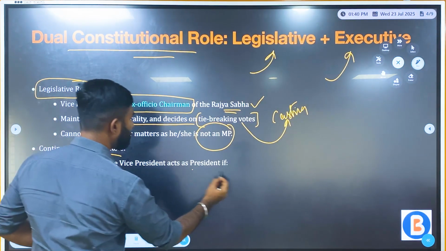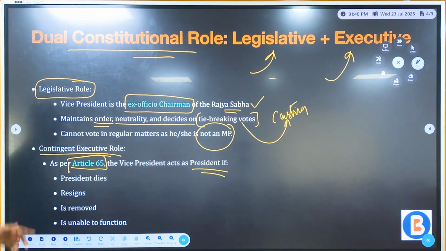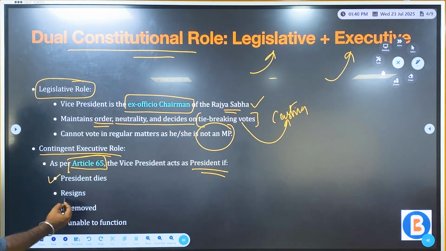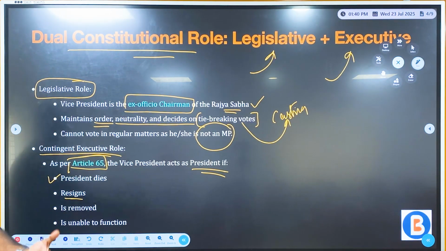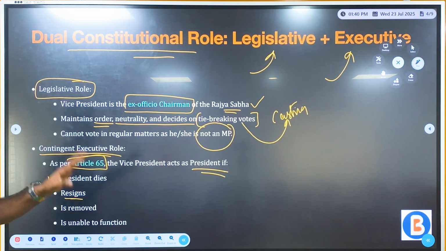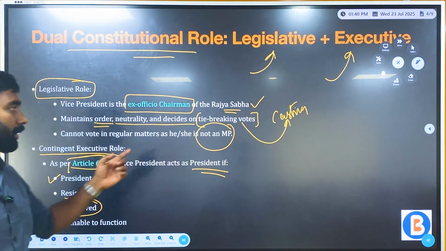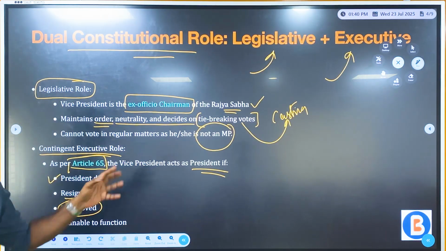Now talking about the contingent executive role, under Article 65 of the Indian Constitution, the Vice President acts as President under a few circumstances. One is when the President dies. Second is resignation, or if the President is impeached. We have a video on the impeachment process, so please do check that video.